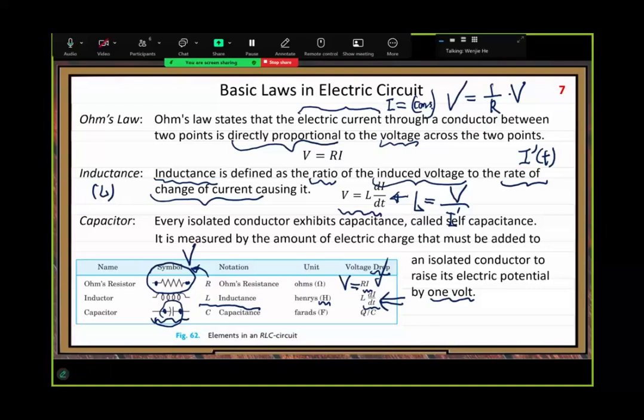That amount of electric charge, we use it to define the capacitance, because for different capacitors, that amount is different and the capacitance is different. So you define it in that way. The unit is farads, F.